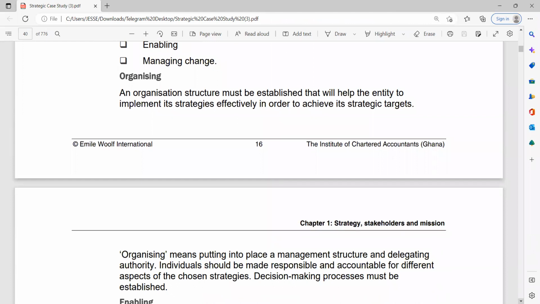When you are organizing, it's important to understand that what you are doing here is creating a structure that will help the entity implement its strategies. Organizing simply means creating a management structure that will help the organization achieve its strategic targets.